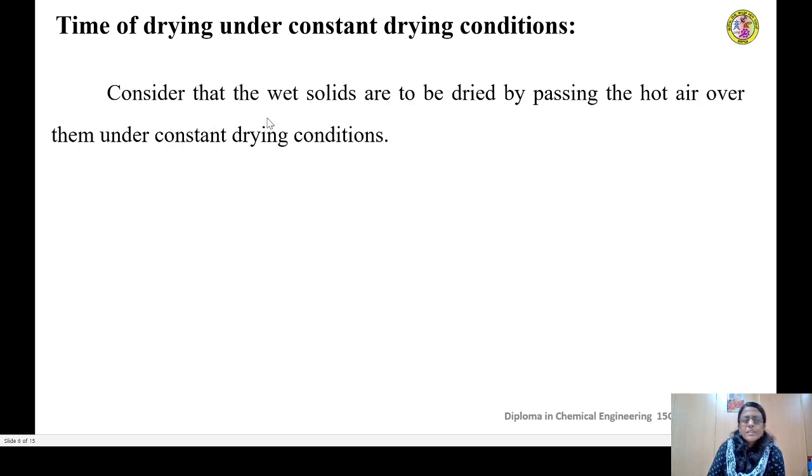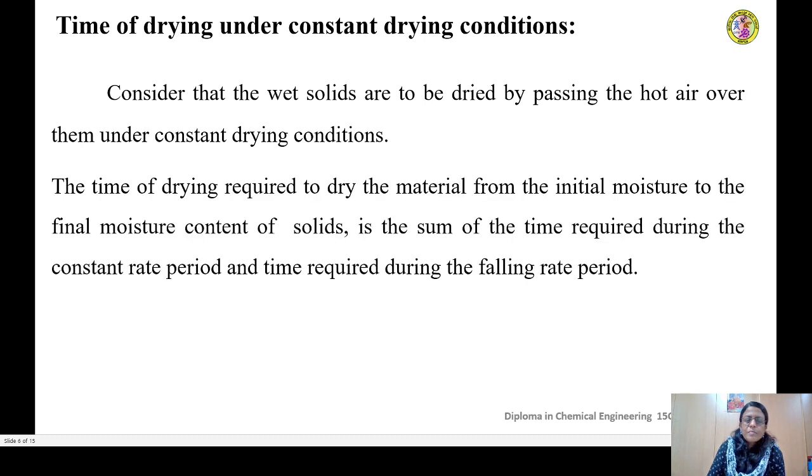is nothing but, when you consider wet solids that are being dried by passing hot air over them under constant drying conditions, the time required to dry the material from the initial moisture content to the final will be the sum of the time required during the constant rate period and also the time required during the falling rate period.